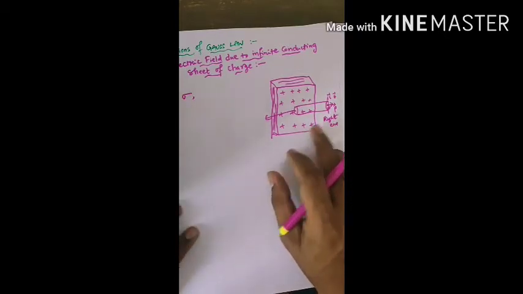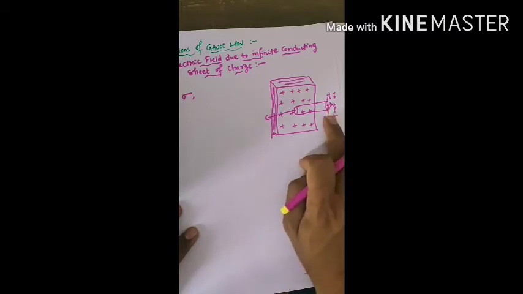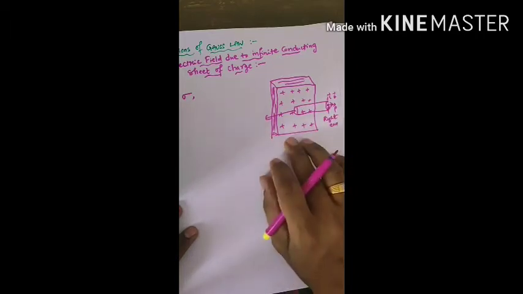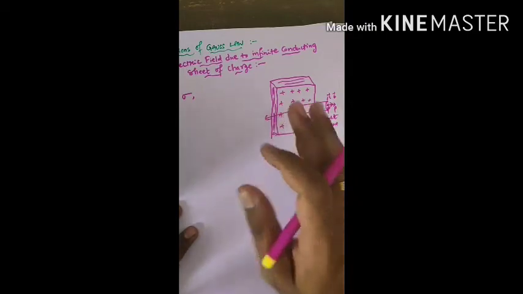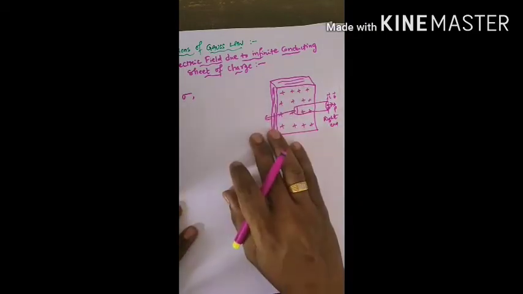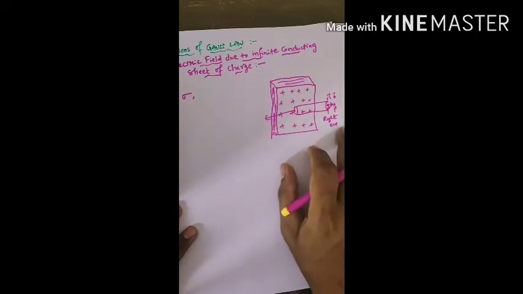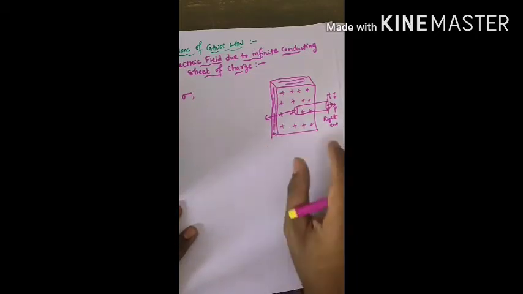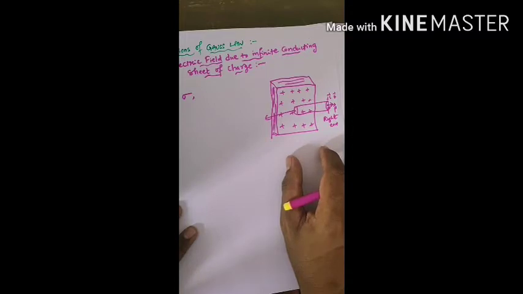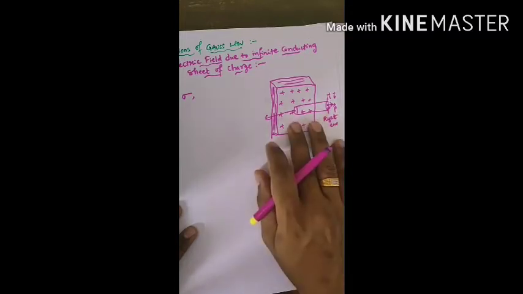At the right end, E is parallel to dS, so the angle between E and dS will be 0. At the left end there is no electric field, as on the other side of the charged sheet there is no charge. Therefore the flux through the left end is 0.